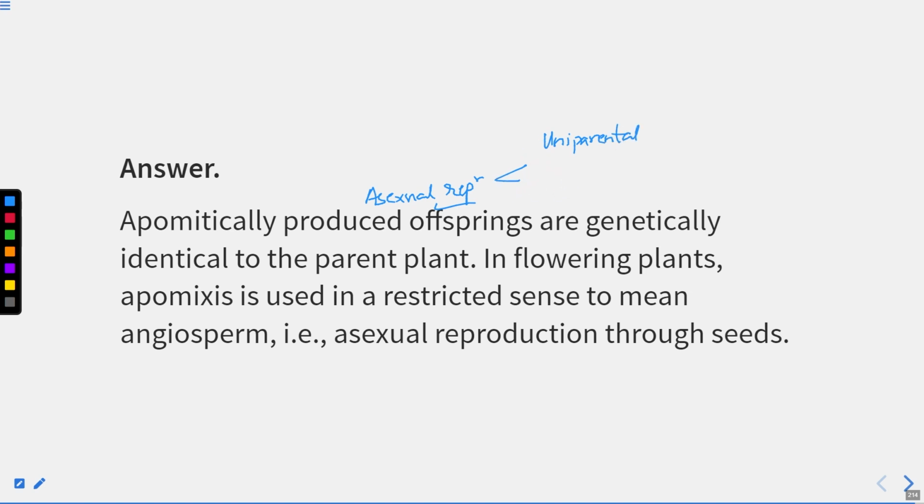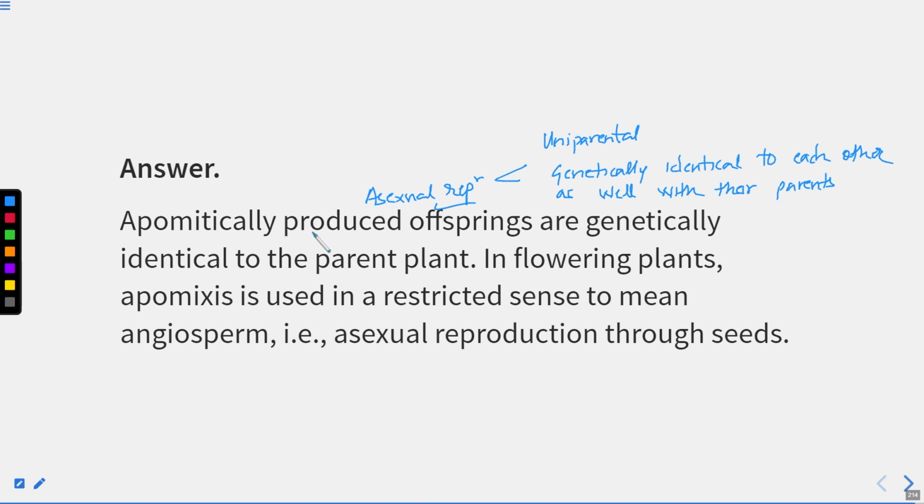The offsprings produced are genetically similar to each other. They are genetically identical to each other, as well as with their parent.